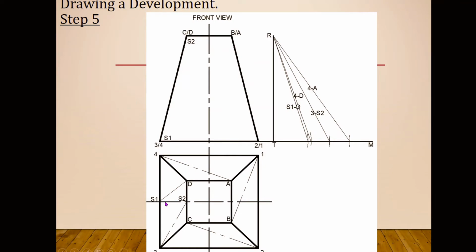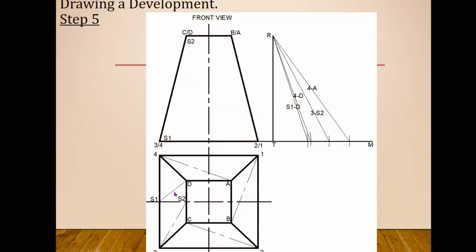Now let us also look for the true length of line S1D. This is your line S1D. To get the true length of S1D, you measure S1D, transfer it using a pair of compasses, scribe an arc, then draw a line from where the arc intersects with the line TM to point R, and that will be your true length for line S1D.